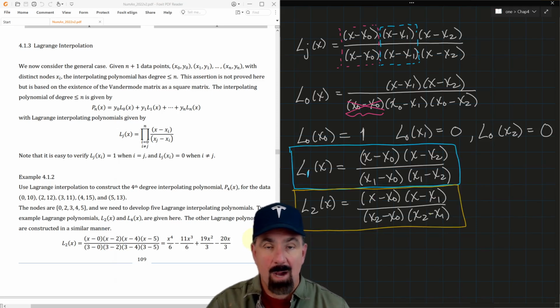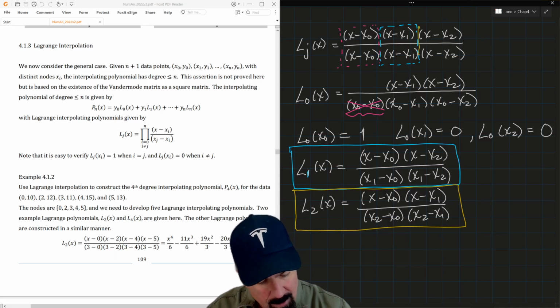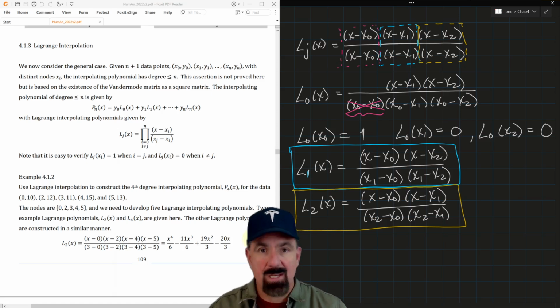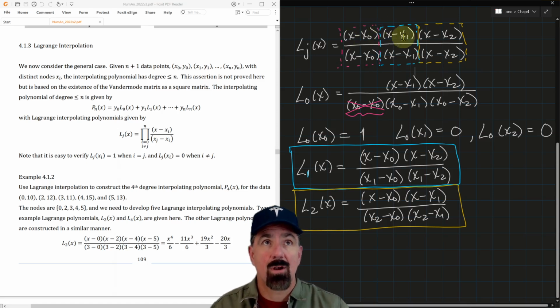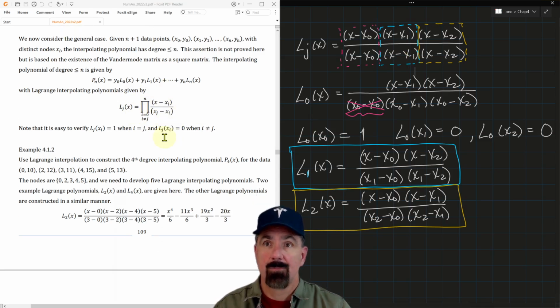So you can see I have my L2 Lagrange interpolating polynomial, which was constructed by removing this portion here from the generator and using the other two pieces, and in the denominator substituting in x2. So that's all it is, and that's all this thing here says. This product is giving me exactly what we just discussed.